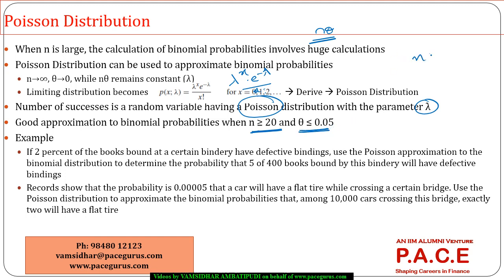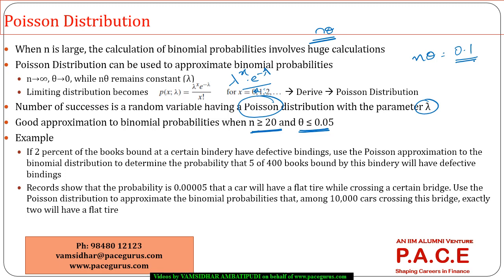Here n theta comes out to 0.1, very small values, but more or less constant. In that case, I can very well use the Poisson distribution as a much better approximation to the binomial distribution.